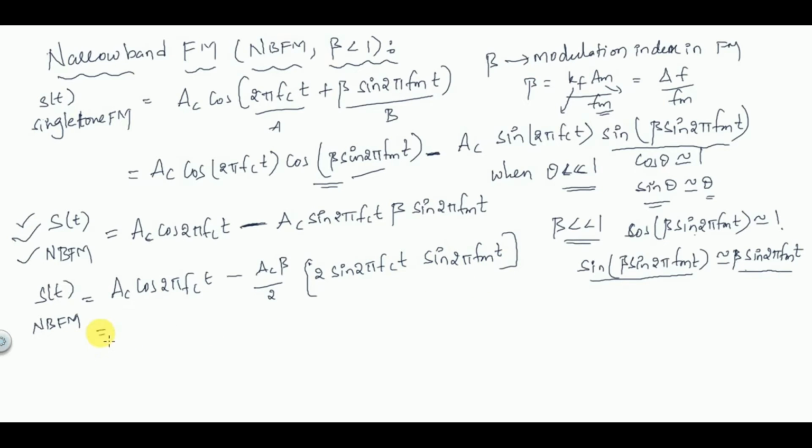Okay, so what can we write here? 2 sine sine form. So 2 sine sine form is cos of a minus b minus cos of a plus b.